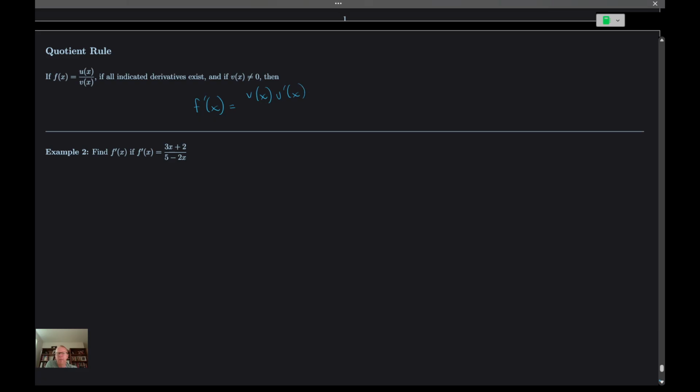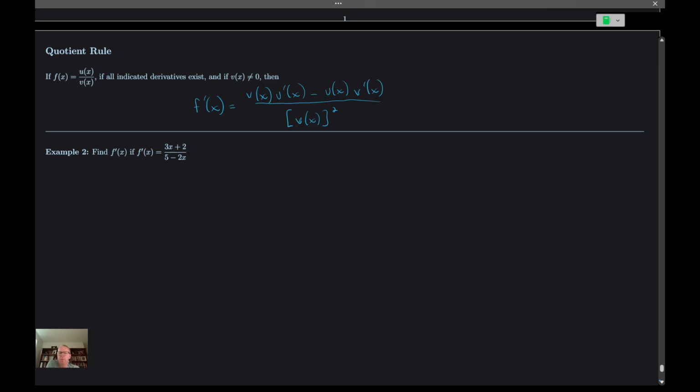So v of x times u prime of x minus the top function times the derivative of the bottom function. So far, it kind of looks like the product rule, except we're subtracting. But now we're going to divide by the bottom function, not the derivative, just the bottom function, squared.